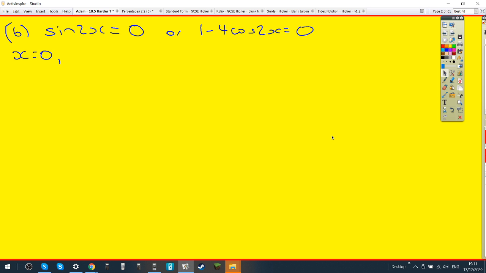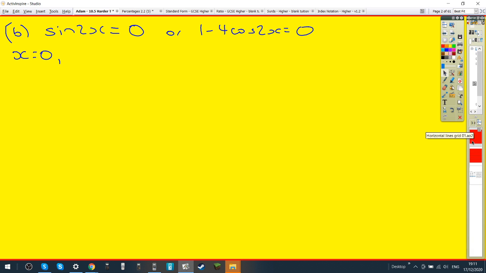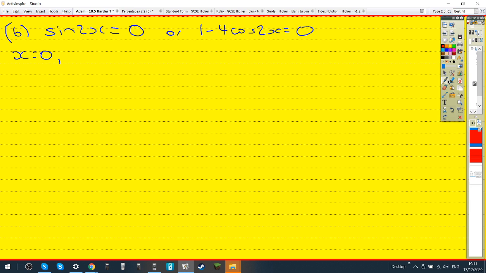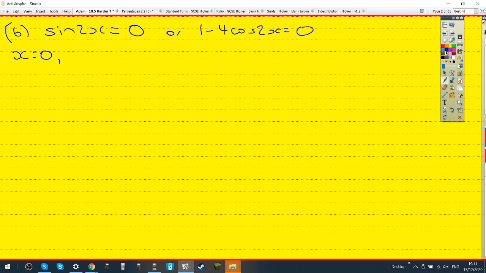So if you were to rearrange the one on the right, it would be 1 equals 4 cos 2x. Yeah. And so what's cos 2x equal to? A quarter. Yep. And then you can do inverse cos on both sides.